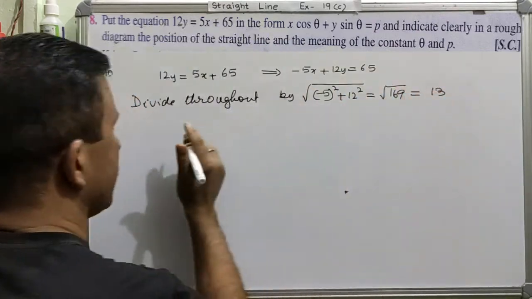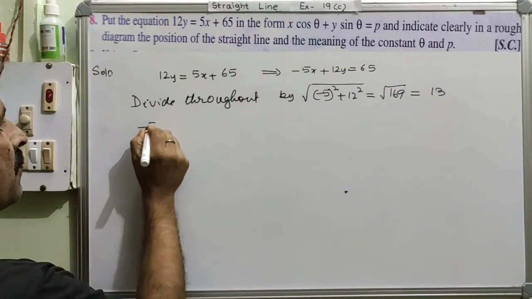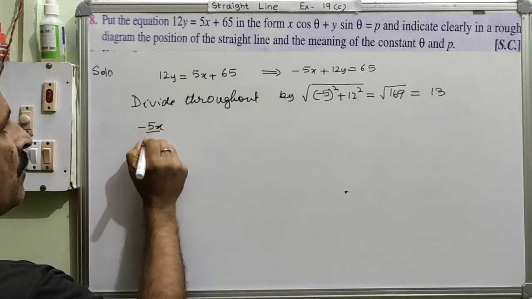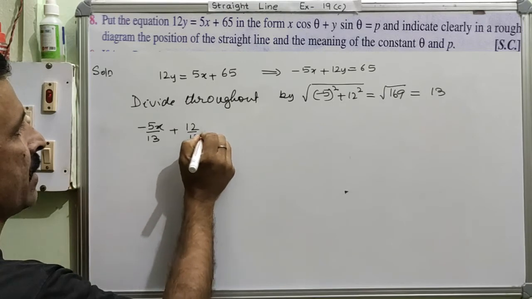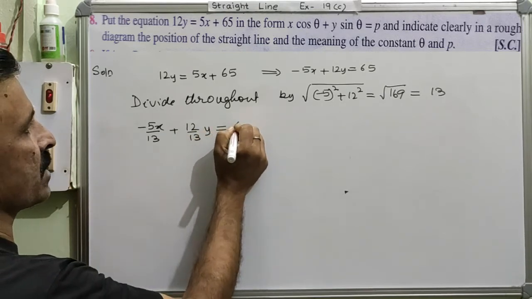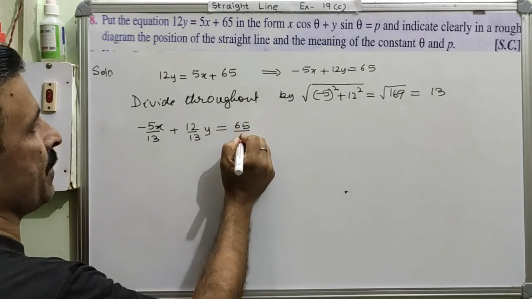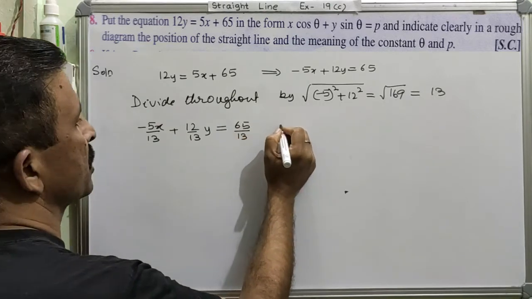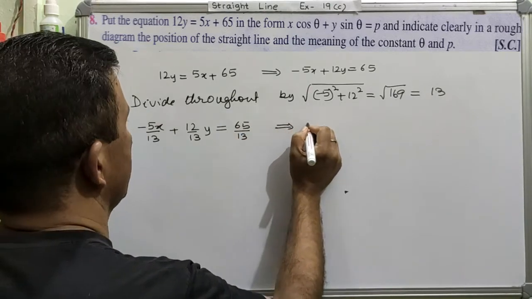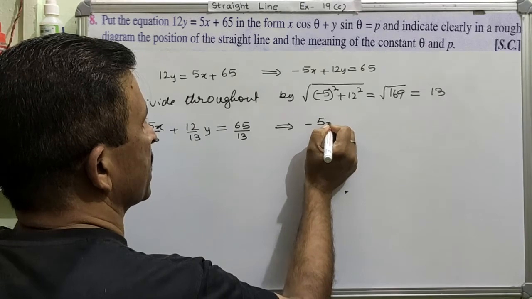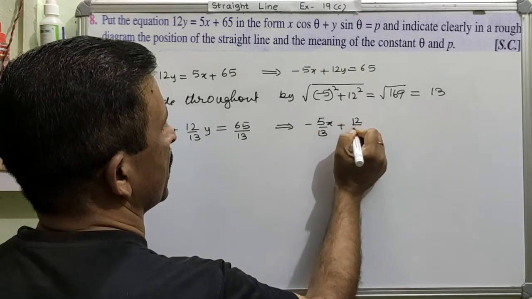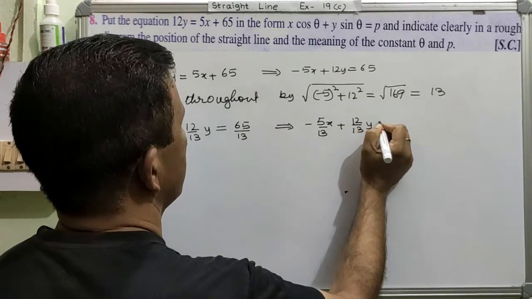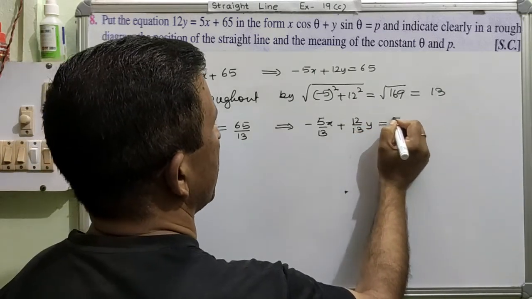So now we are going to divide. So minus 5x over 13 plus 12 over 13 y is equal to 65 divided by 13. So your equation is finally minus 5x over 13 plus 12 over 13 y is equal to 5.